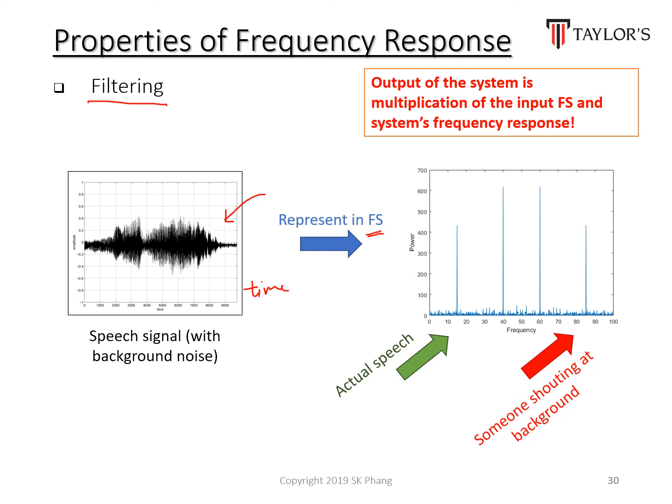Either you use your Fourier series transformations using trigonometry or complex exponentials, you arrive with the frequency domain graph. So this one is in terms of frequency domain. You get several spikes. For example, this is spike 1, this is spike 2, this is spike 3, this is spike 4. So each of these spikes in terms of speech signals corresponds to actually your frequencies of your tones.